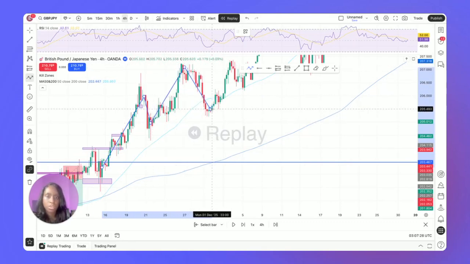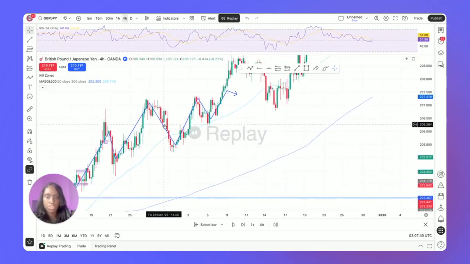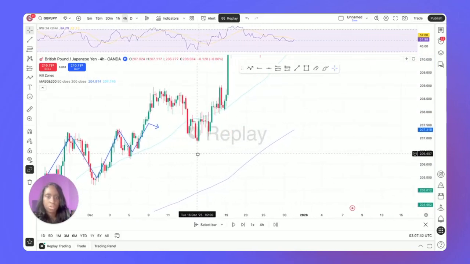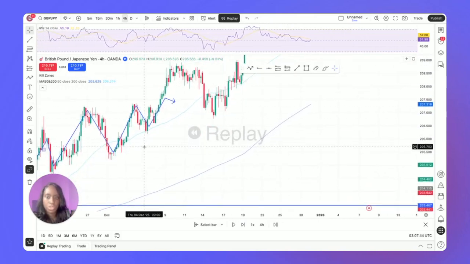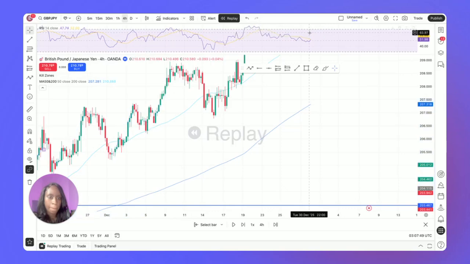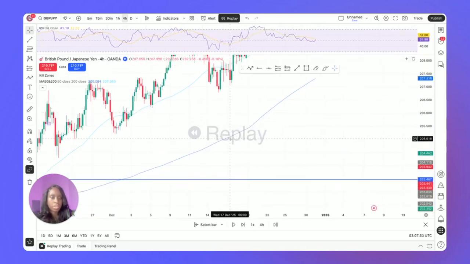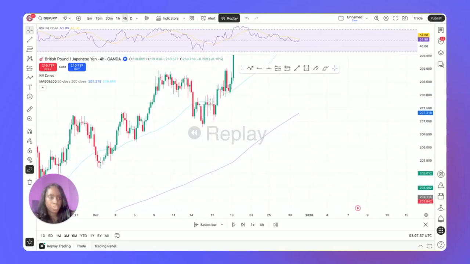Higher high, higher low, higher high, higher low, higher highs. You see it's going up, it's trending up. So now that we know it's in an uptrend, I'll delete that. We're good to move forward. Since we've checked the higher time frame, it's showing that it's trending up.